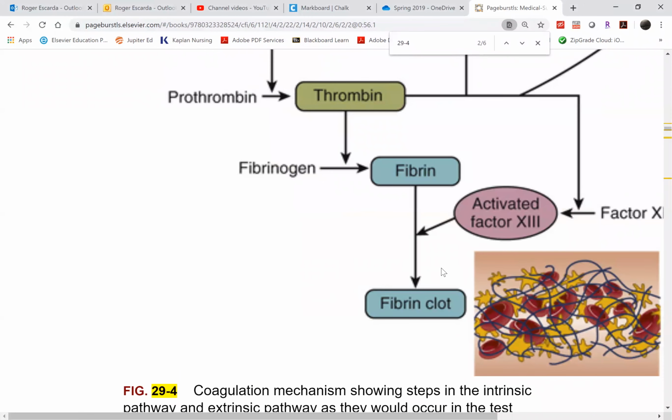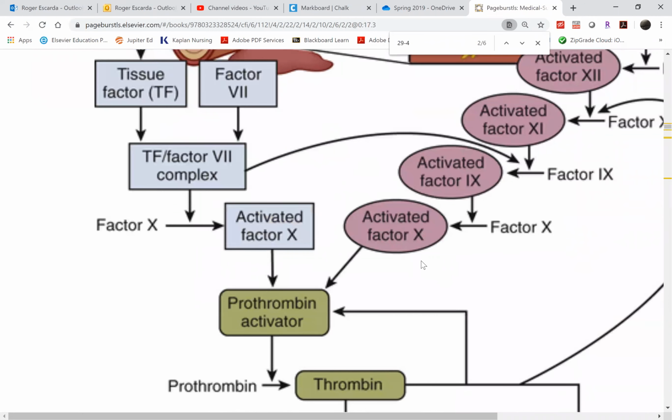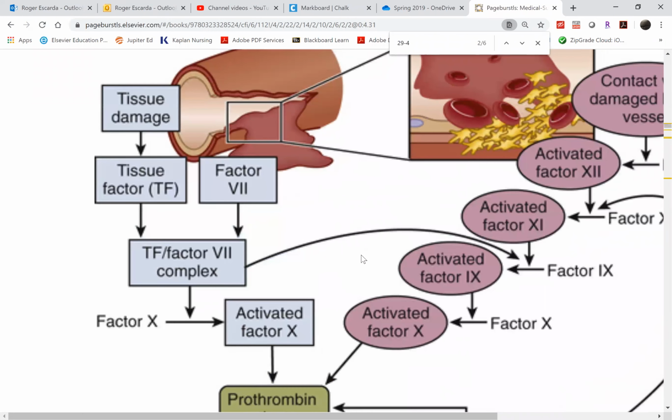I could try. Okay, go ahead. Obviously there'll be an injury to the vessel, the vein, or whatever. Then there'll be exposure to the intrinsic pathway.